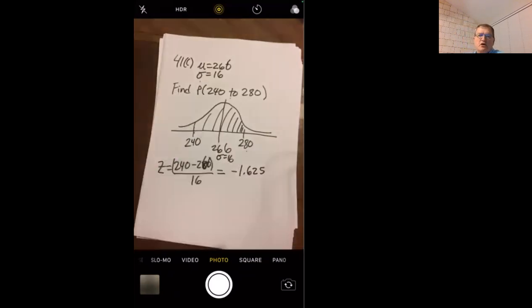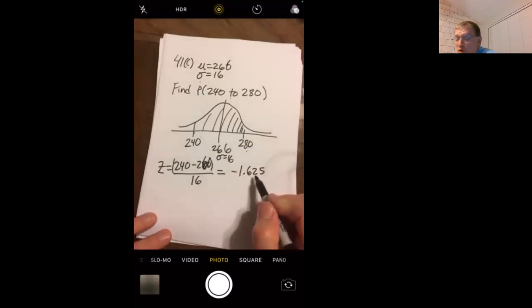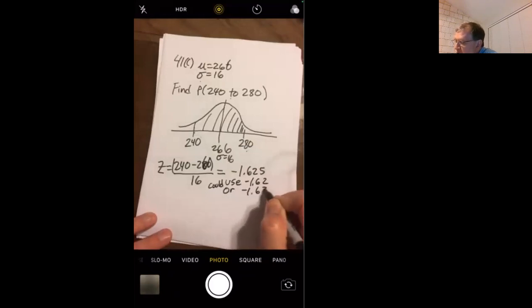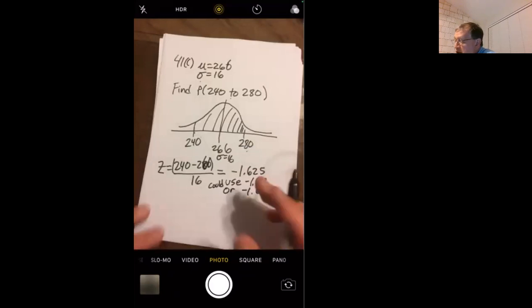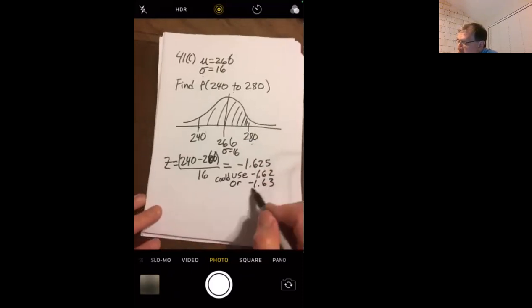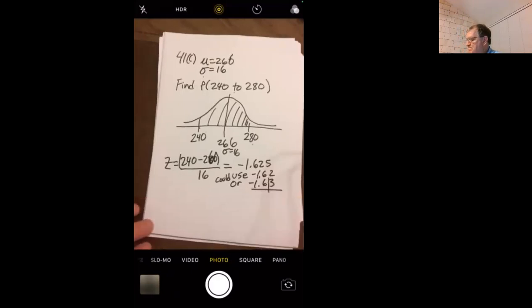All right, again, this is where it gets fuzzy. We could look up either negative 1.62 or negative 1.63. You can use either one. We won't make you pick, call one right, one wrong on the test or anything. I guess I'll use negative 1.63.